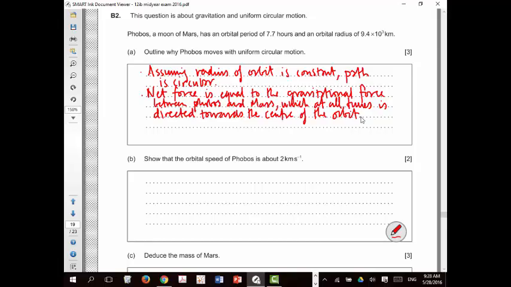In other words, it's centripetal. Maybe we should write that just in case they want that keyword, i.e. centripetal.